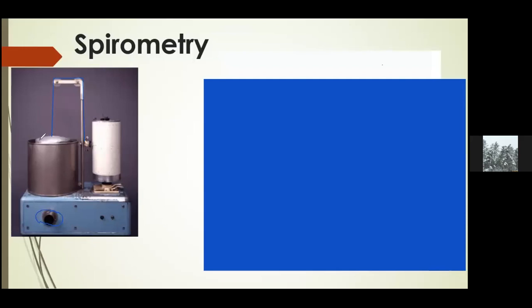So when you breathe out, because you are pushing air in that direction, the air will move into the middle container, and it will cause this bell jar to rise. When it rises, the string here will lower on this side because we have a weight on this side pulling it down. So when you breathe out, you fill in the container, push up the bell jar, and you pull down the string on this side.